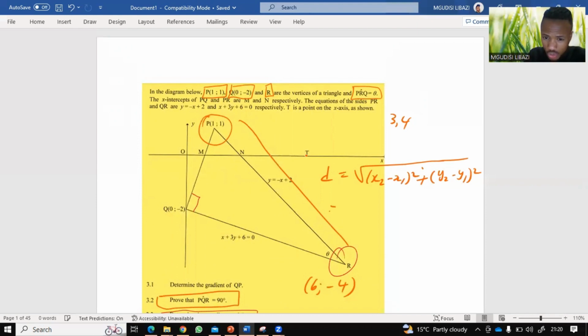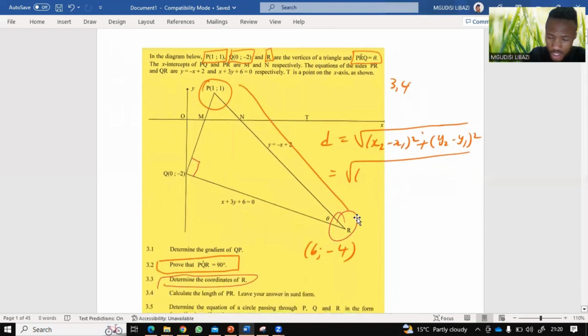And then now we're just going to substitute. We can represent this by the values of the variables that we have. In place of x2, we can say xp, minus xr, and then squared, plus yp minus yr, and then squared.